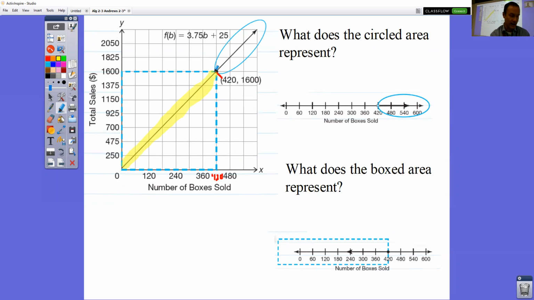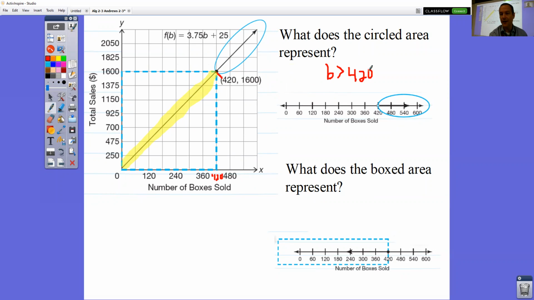This is where 420 is. So at that dot, it's an open dot. The circled area represents all the profits if they sell more than 420 boxes. So b is greater than 420.